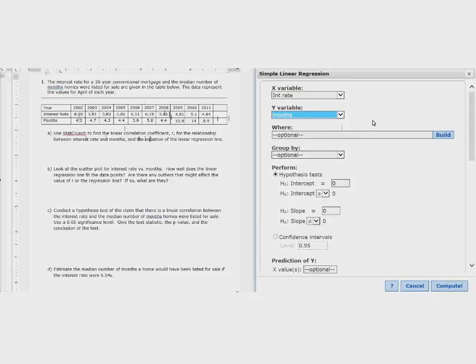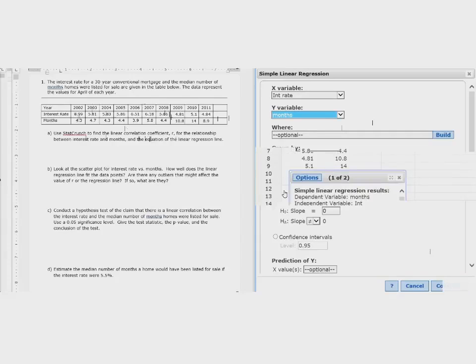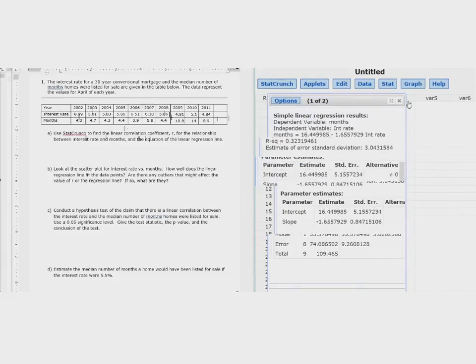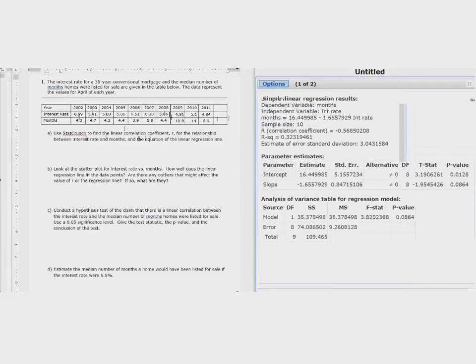And if you're in my math lab and it's letting you open things in StatCrunch, it'll already have the column headings there for you. Okay, and then all I have to do is go down to the bottom and click on Compute, and that automatically gives me a whole bunch of information.